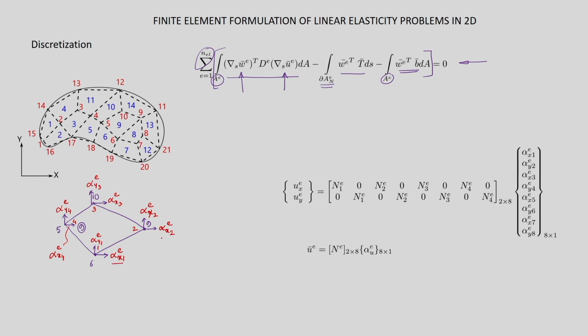So alpha x1, alpha x2, alpha x3, alpha x4, these 4 denote the displacement of these 4 nodes in the x direction. So if I have to write ux in this element, ux will be alpha x1 E into N1 plus alpha x2 E into N2 plus alpha x3 E into N3 plus alpha x4 E into N4.